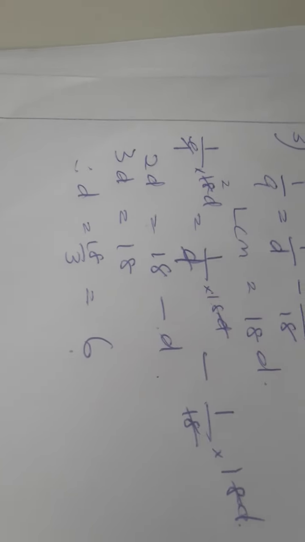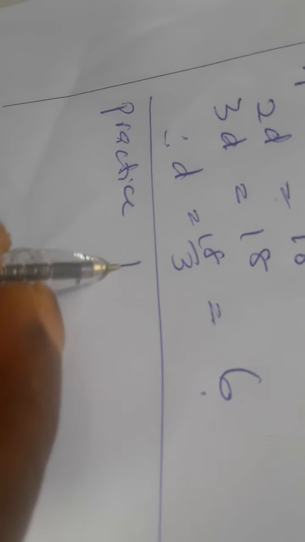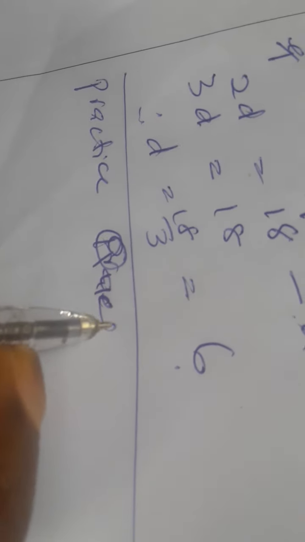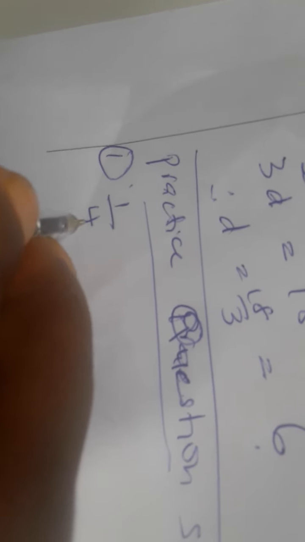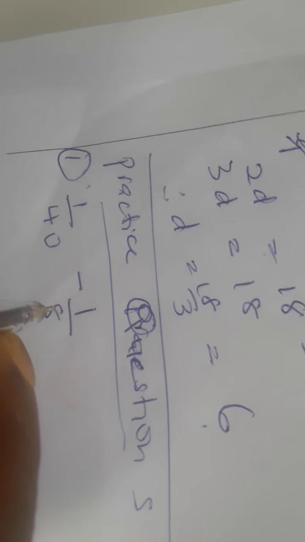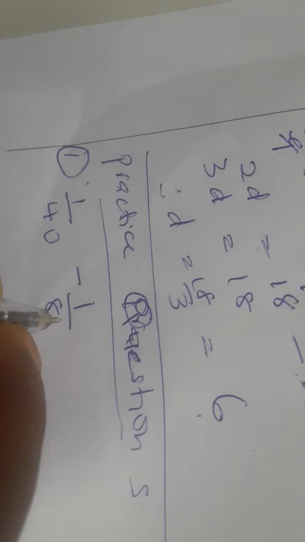So, you can work with some practice questions for you to be sure of how much you understand. Practice questions I meant to write. Please use the LCM format here.